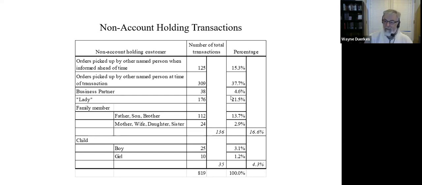So of the 5,500, you'll see that 819 down here at the bottom were transactions conducted by someone else for someone's account. So at the top, you'll see 125. These were picked up by other people that were informed ahead of time, and then 309 by other people at the time of transaction.